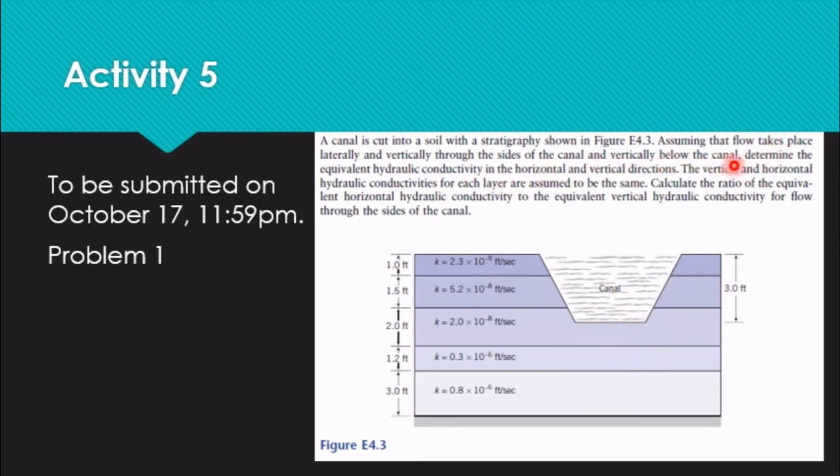Determine the equivalent hydraulic conductivity in the horizontal and vertical directions. The vertical and horizontal conductivities for each layer are assumed to be the same. Ibig sabihin, kung ano yung vertical, yun din yung horizontal conductivity. And then, calculate the ratio of the equivalent horizontal hydraulic conductivity to the equivalent vertical hydraulic conductivity for flow through the sides of the canal.